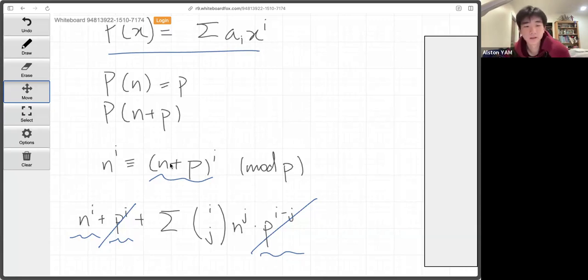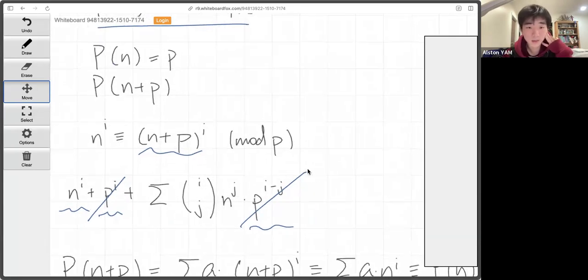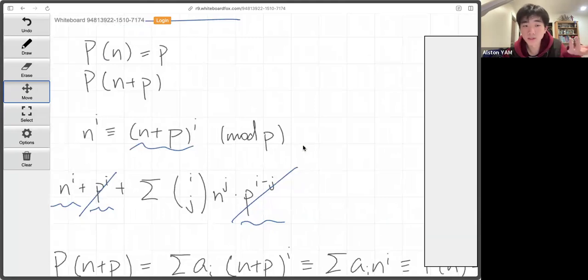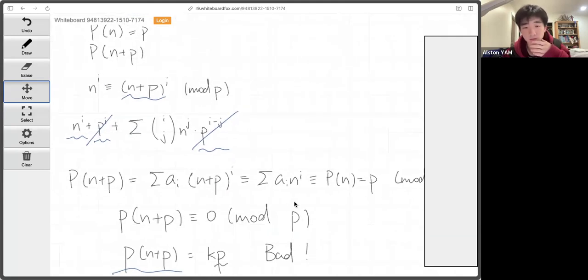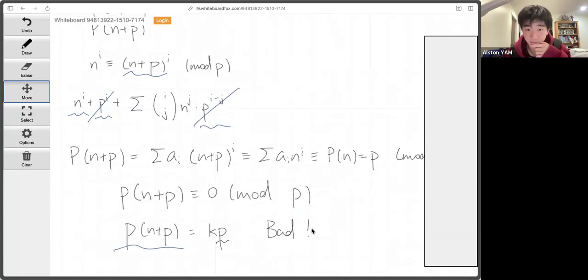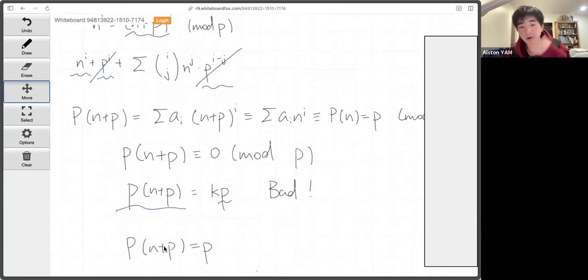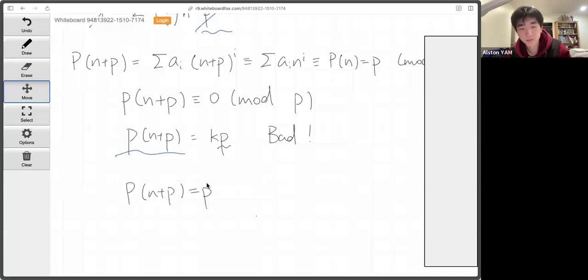I can have n plus 1,000p, n plus 10,000p. It doesn't matter. And it will always tell me that n plus this many p will be congruent to 0 mod p. And that will force P of n plus however many p to be a prime, right?